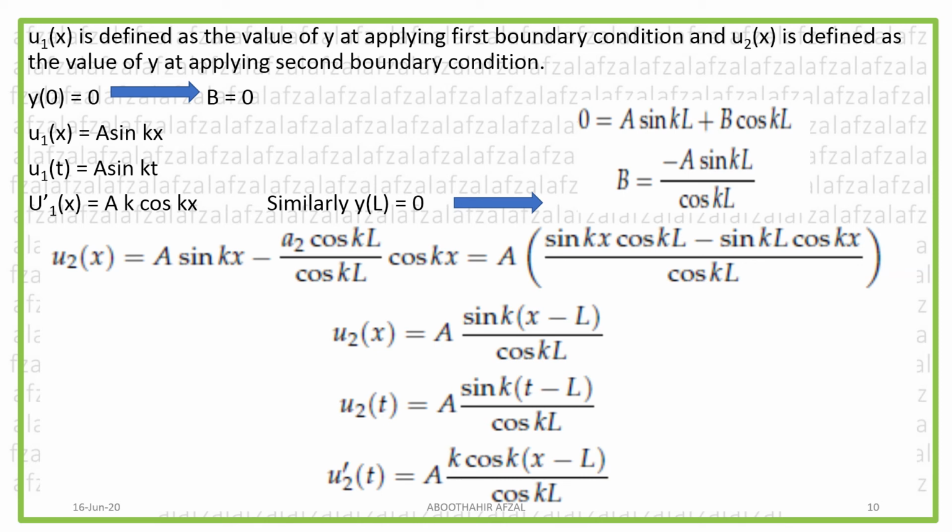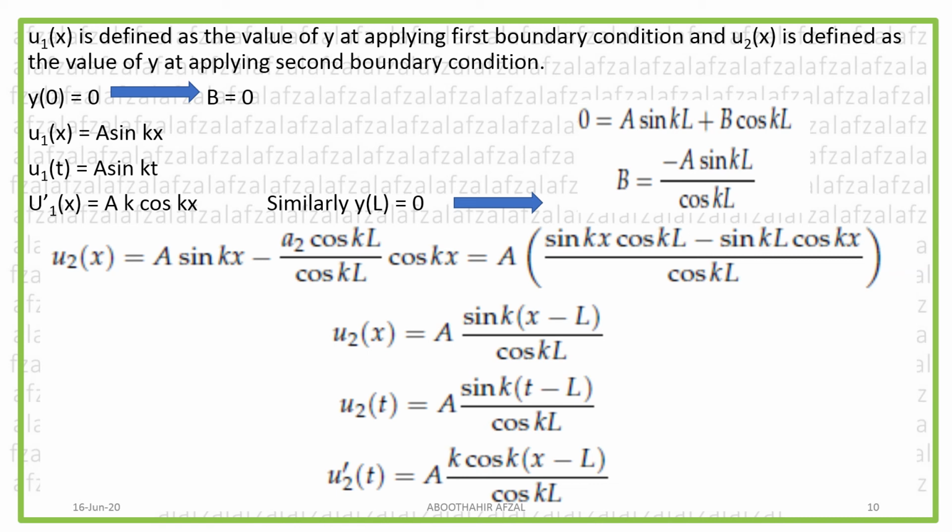So that will become a into sin kx cos kl minus sin kl cos kx by cos kl. So finally you will get u2 as a sin of, that is nothing but sin of a minus b, sin a cos b minus cos a sin b. So that means u2 of x is equal to a sin k(x minus l) by cos kl.